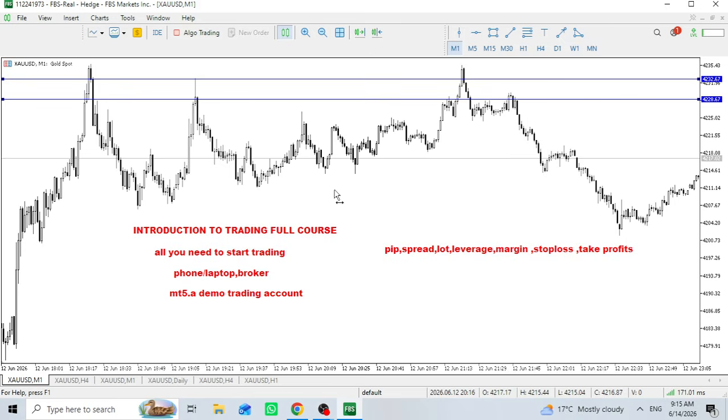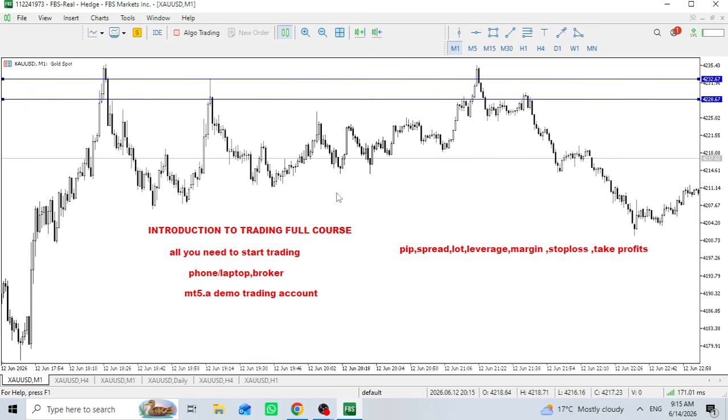If you're using 0.01, your stop loss should be 200 pips away from your entry. If you are using 0.02, your stop loss should be 100 pips away from your entry. Are you getting that?